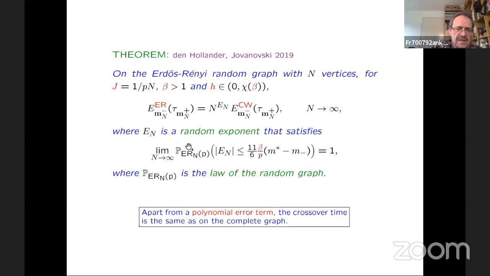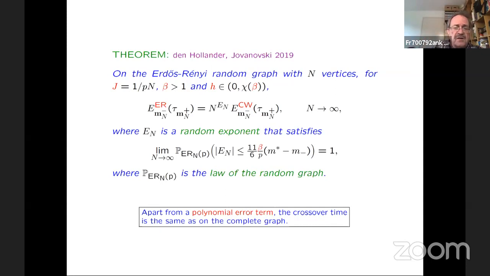So there is a randomness now, and this is a statement about how small or how big this error is under the law of the Erdős-Rényi random graph. On the one hand, we're happy that we got a good result, and the result was also nice because it was completely uniform in how you start, but we pay a price that there is a rather biggish error, much smaller than the leading order term.